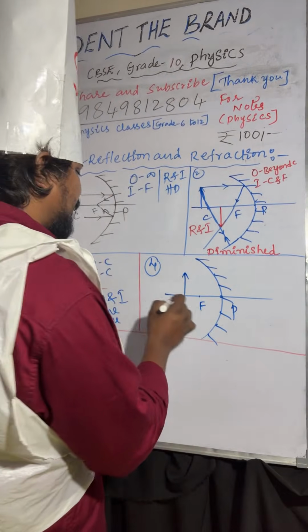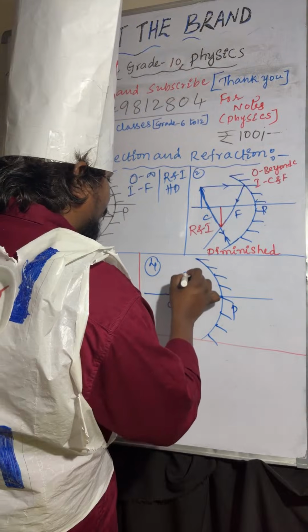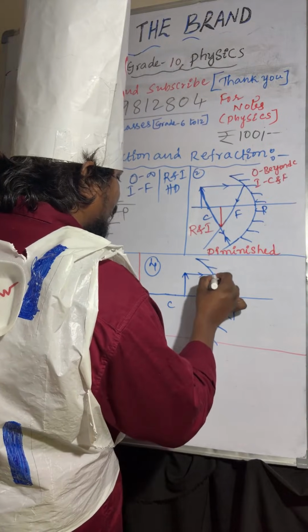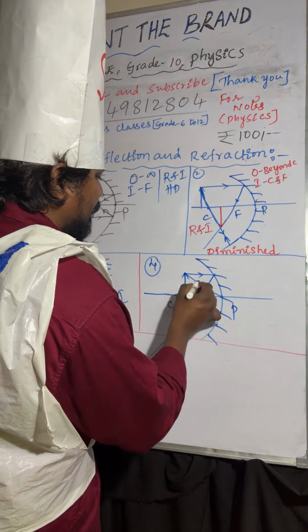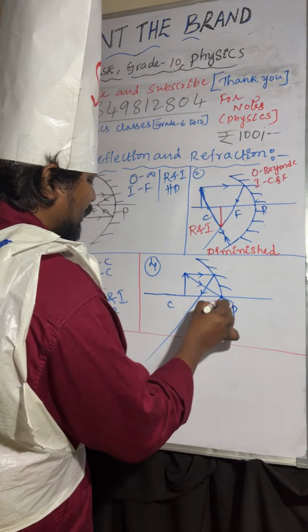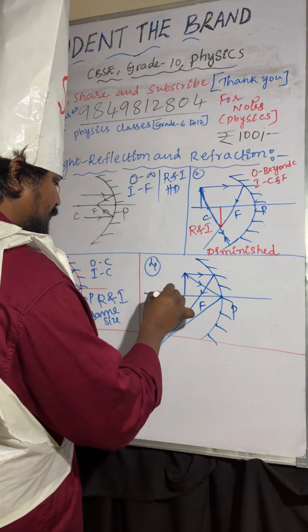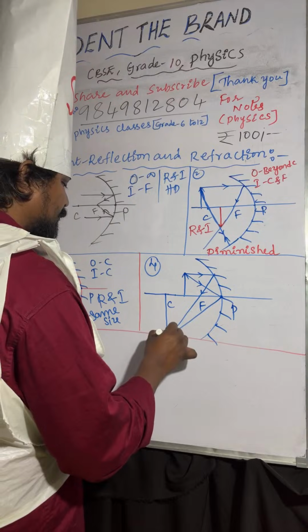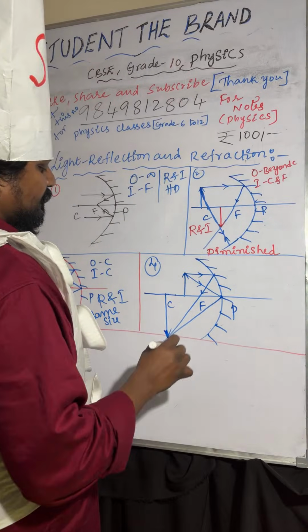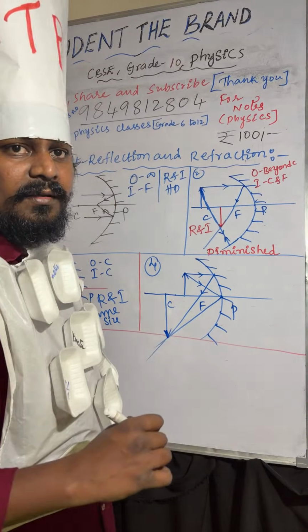Beyond center of curvature. Yes or no? Beyond center of curvature. One light ray I am taking like this. It passes through focus. Another light ray is incident at the pole. The light rays will meet here. The image will form beyond center of curvature here.